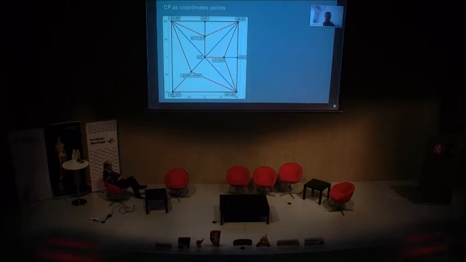So this is only an example. We can find the coordinates. The center of the space is 0 for y and x, and each point represents where these segments cross.